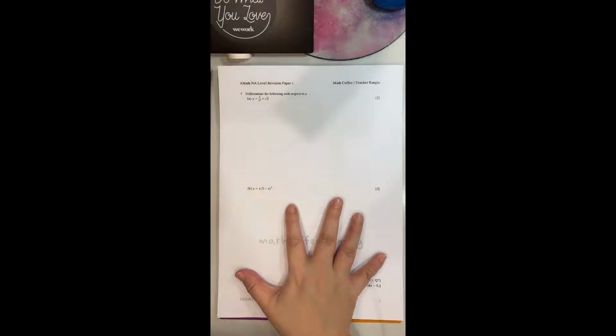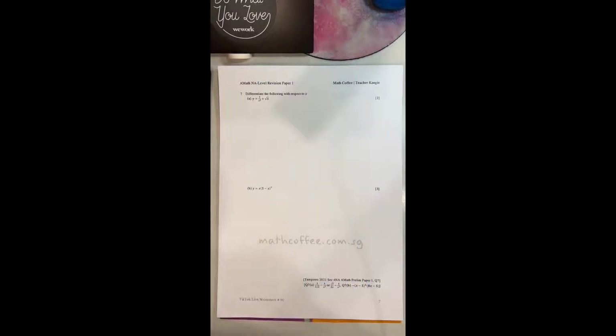Okay, so now let's do our question 7, which is differentiation. You cannot join the Telegram group. Why? I think it should be can.